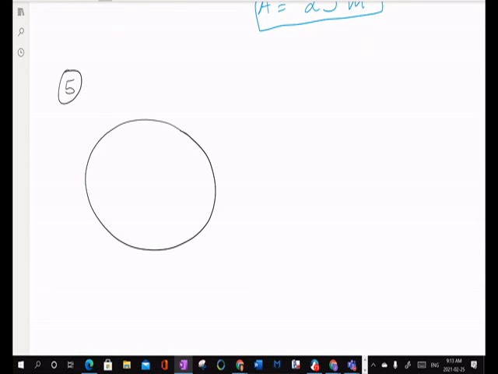Anyone? Okay. Call this a circle. There are 2 types of circles that you will see. This one is called type 1, where we have a point in the center and it goes out to the edge.